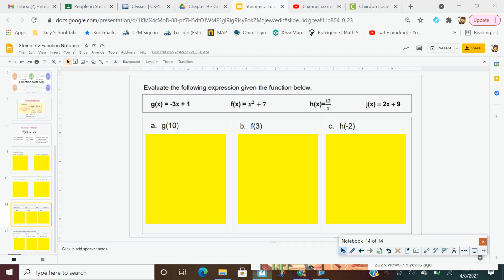So the next example, which is a lot of times how you'll see this, gives you several functions. So we have a g of x, an f of x, an h of x, and a j of x. So A wants us to find g of 10. So g of 10 is equal to negative 3 times 10 plus 1. So negative 30 plus 1 is negative 29.